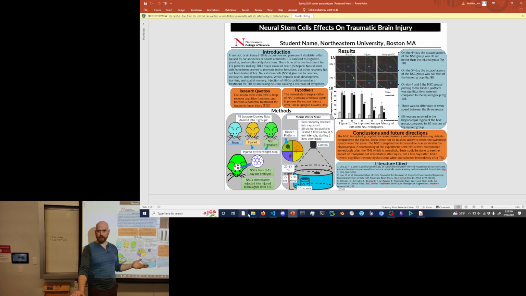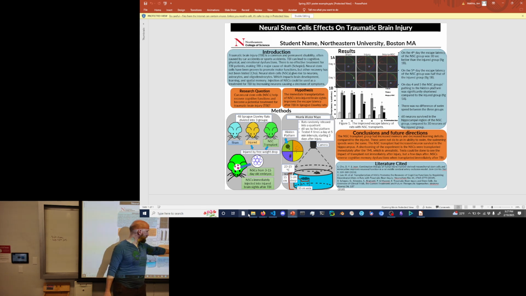Whatever paper you choose, it could have 5, 6, 10 or more figures of data in it, but your job is to understand what's the main figure, what's the main result. And if I can only show 1 or 2 results from this paper, what should those results be? And those should be the results that back up the conclusions and then future directions, if that's appropriate, of the study itself.